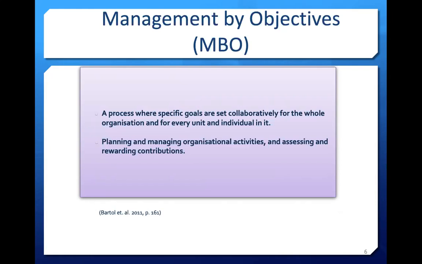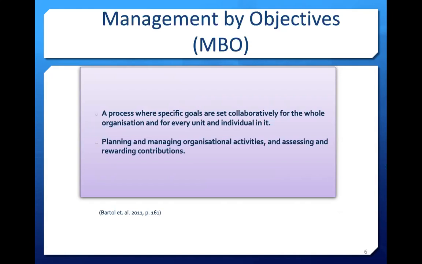And of course, when we write the objective, we need to consider using a certain principle, like the SMART principle, where we need to be specific, measurable, attainable, relevant, and timed. So that's management by objectives, or MBO, where we discuss the specific goal that the organization needs to achieve.